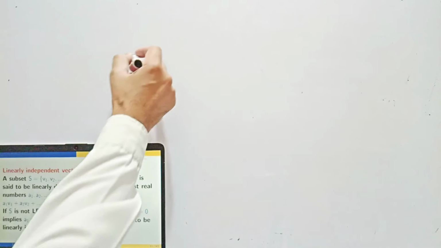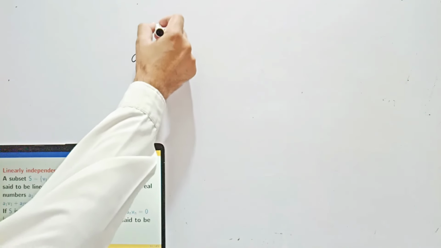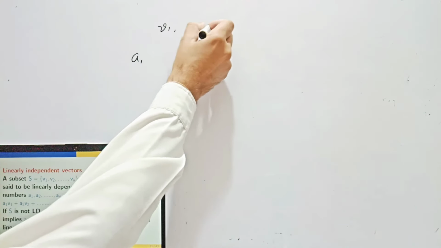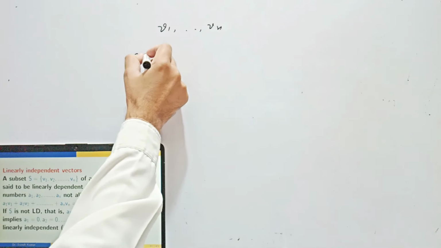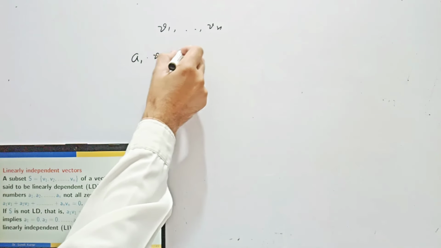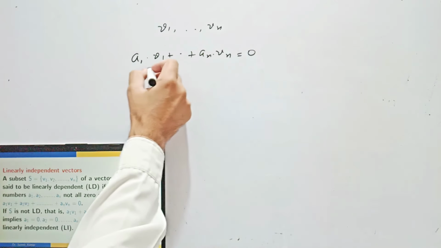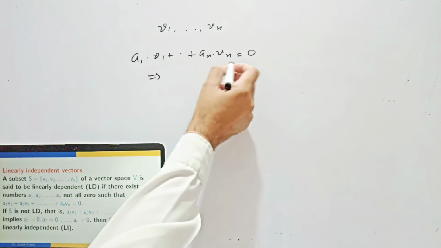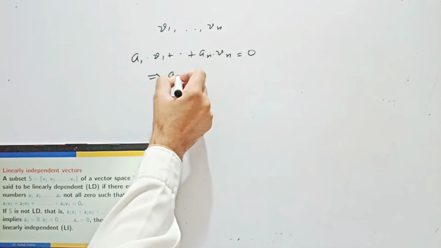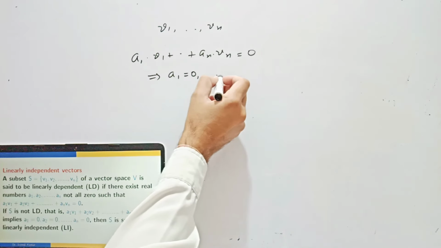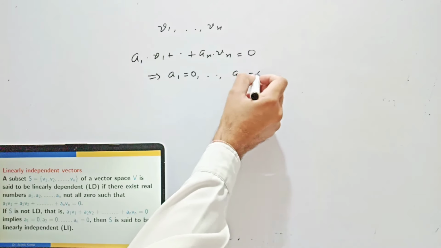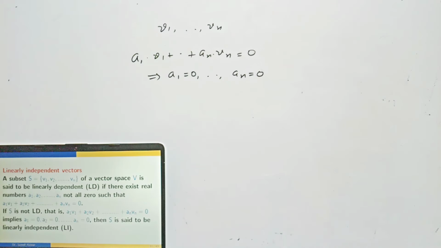In simple words, you can remember this. If we are given n vectors in a vector space, then put their linear combination equal to the 0 vector. If the solution of this is only one, meaning it implies that all the scalars are 0, only the trivial solution, then the vectors are linearly independent.